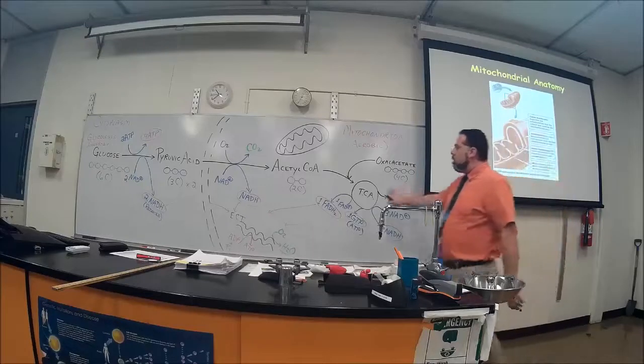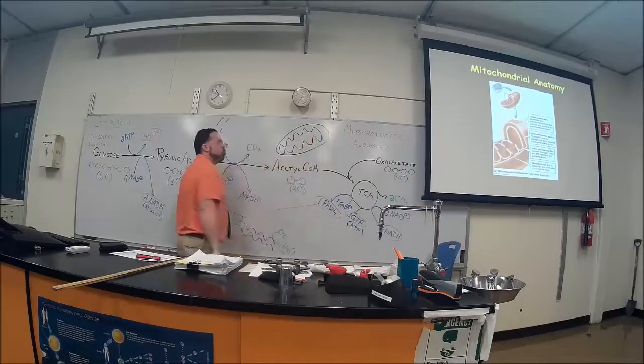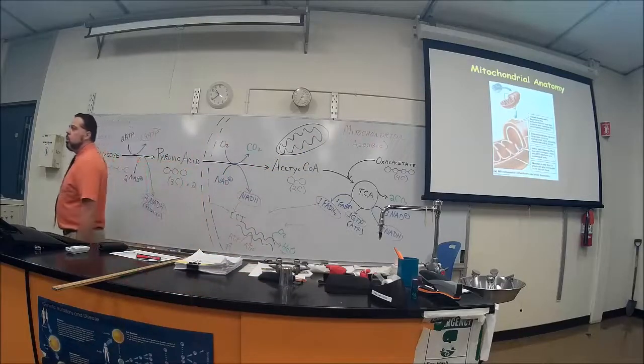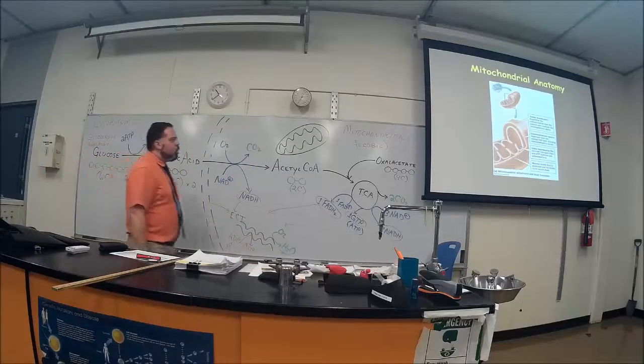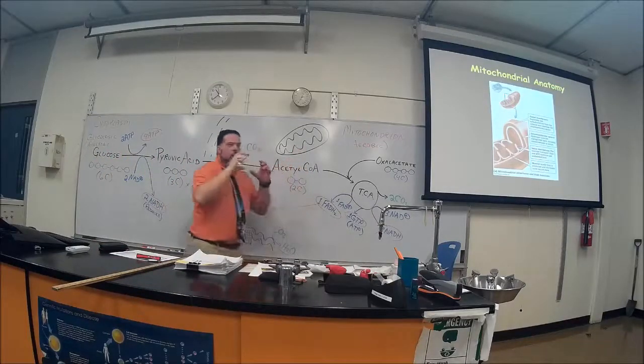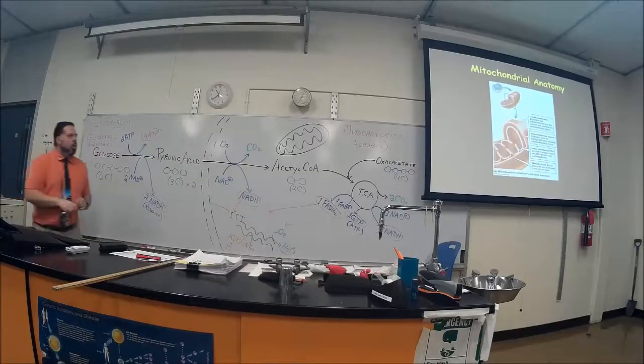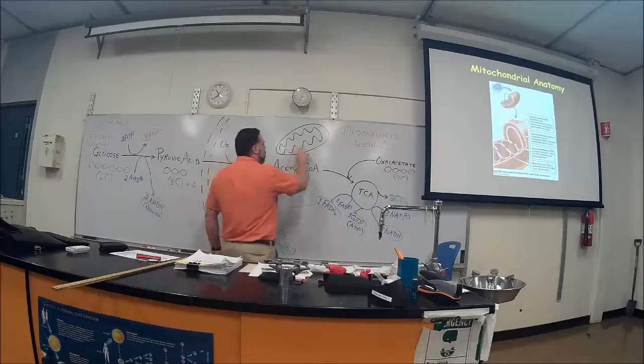The citric acid cycle takes place in the matrix. The electron transport chain happens in these molecules that are embedded into the inner membrane.